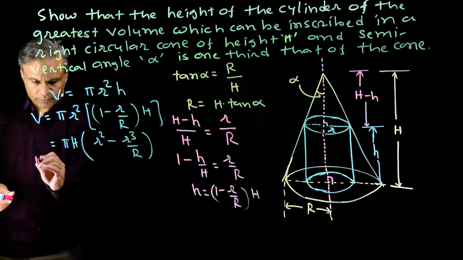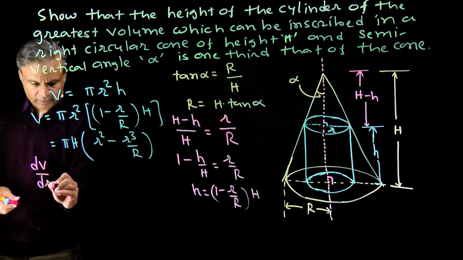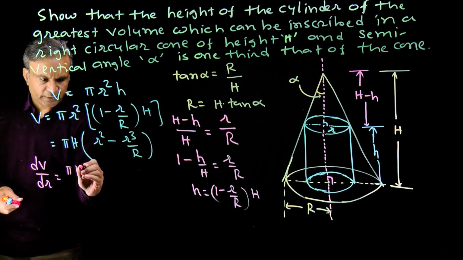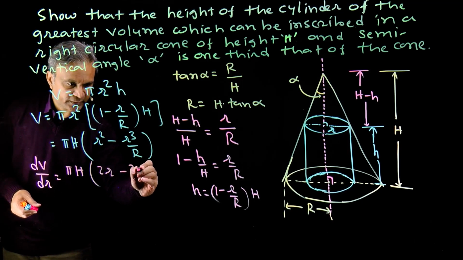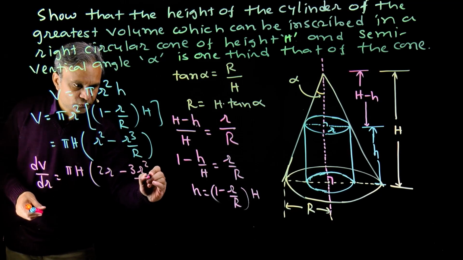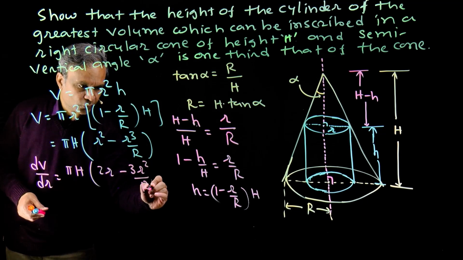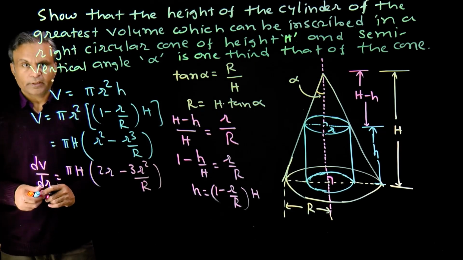With respect to small r, we get dV by dr is equal to pi h multiplied by (2r minus 3r square upon capital R).